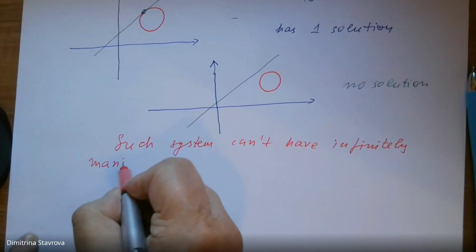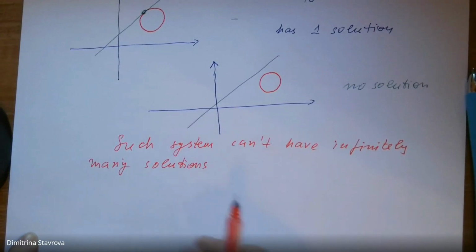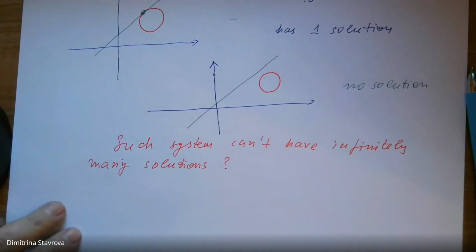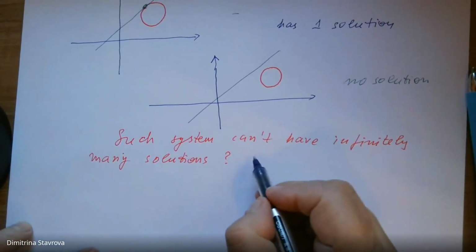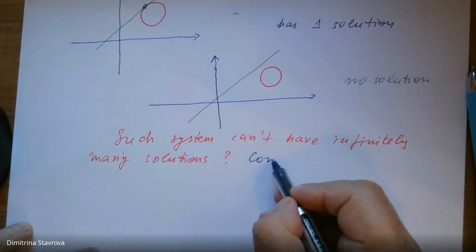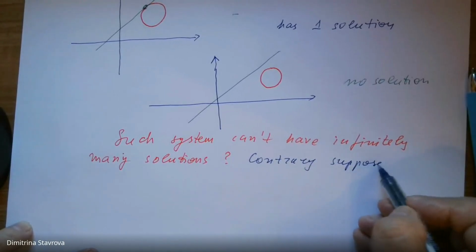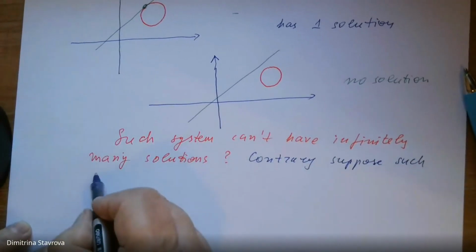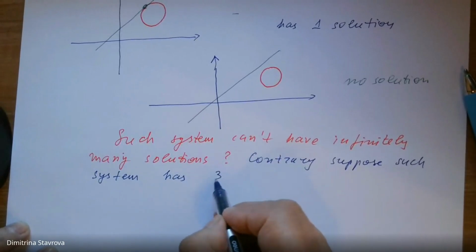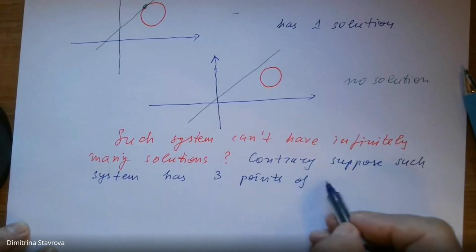Well, I say that, but how will I argue? Let us argue by contradiction. Suppose such a system has 3 points of solution.